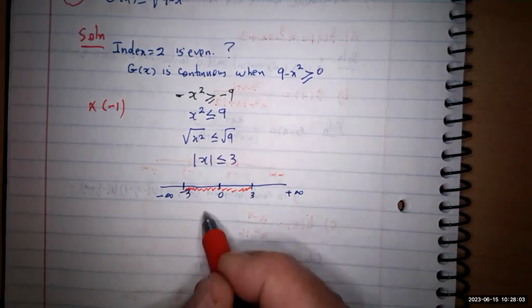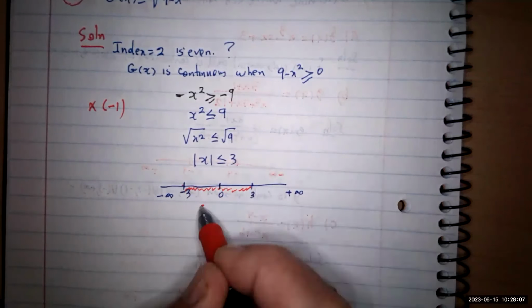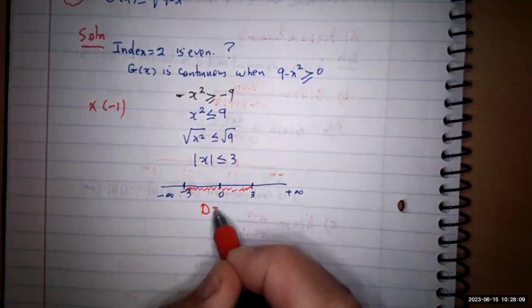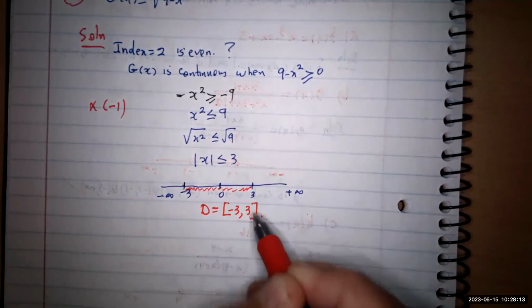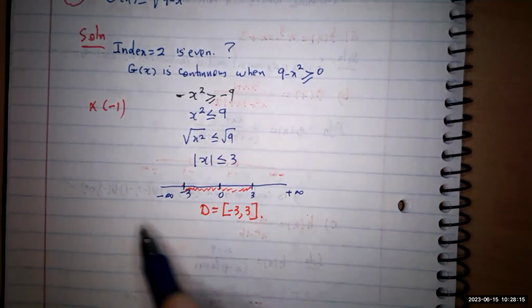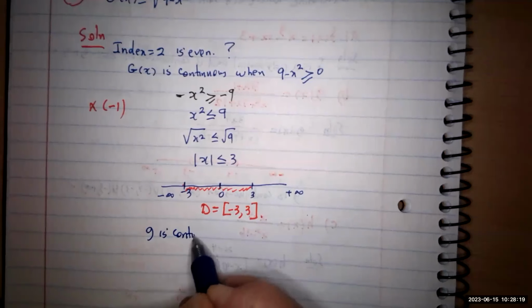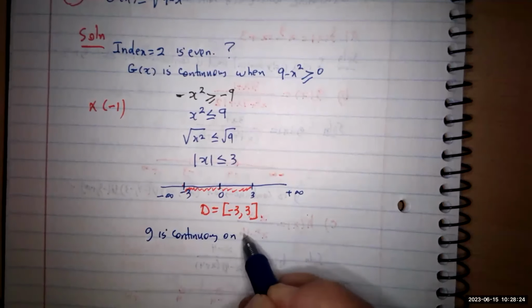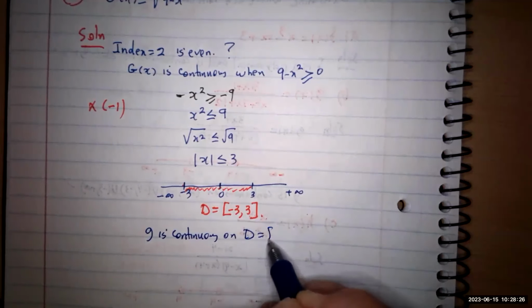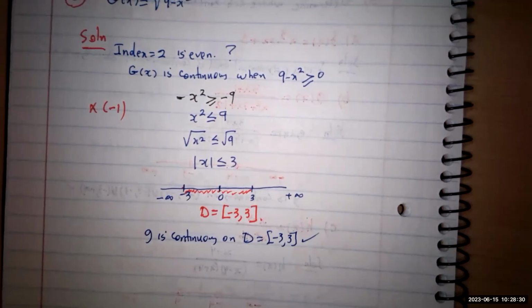So the function is continuous on this interval, -3 and +3. You see, the domain would be the closed interval of -3 and 3. That's it. So g is continuous on this domain, -3 and 3. And you're done.